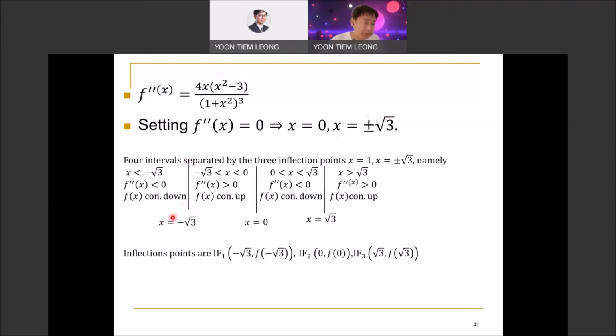Each of these regions is separated by the values of x where f double prime becomes 0. So I just draw this line to represent x equals negative square root of 3, this line represents x equals 0, and this line represents x equals square root of 3.